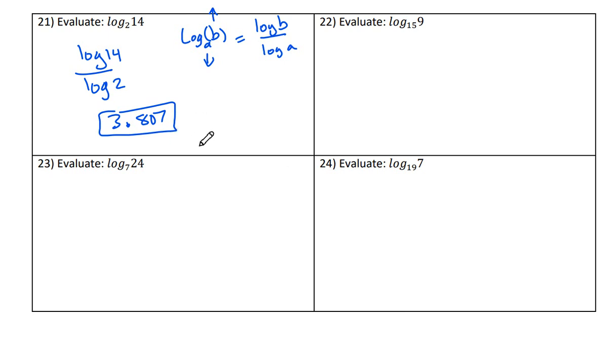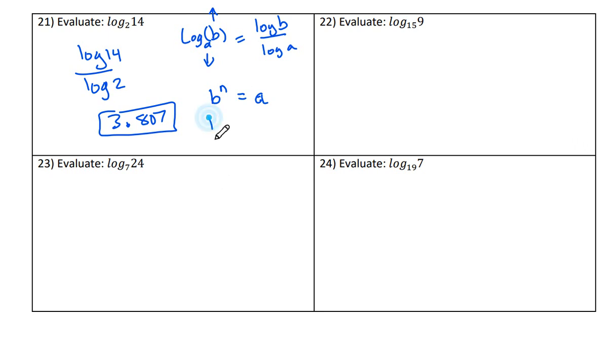Now since we're on this screen, I'm going to go ahead and remind you what log even means. So if I have some base to some exponent equals some answer, this is exponential form.